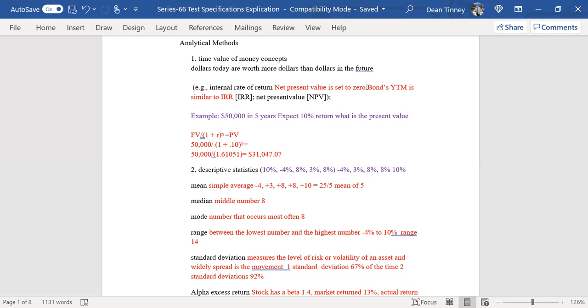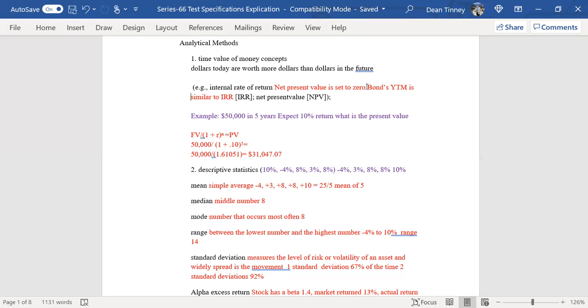But I did give you an example here of a present value calculation. 50,000 in 5 years is not as valuable as X number of dollars today. And so, as we said, you're always going to get as a given the years, the time, and the expected return. And you're either going to get the present value or the future value.